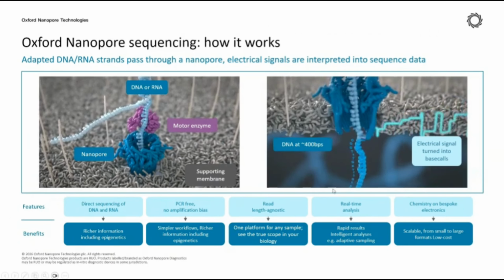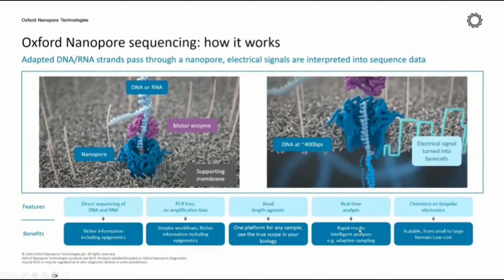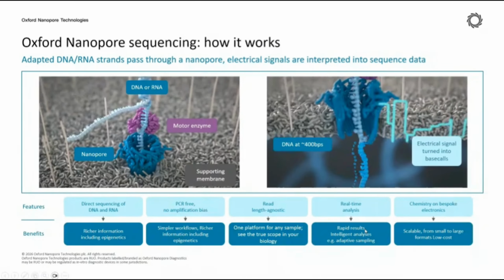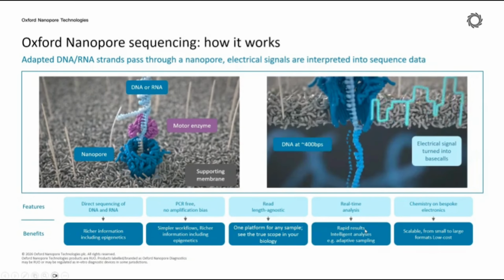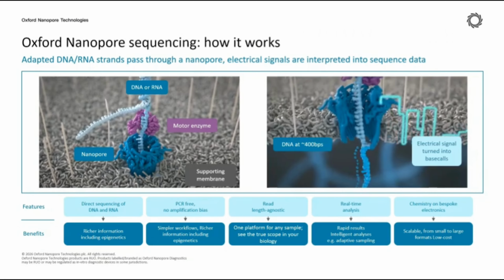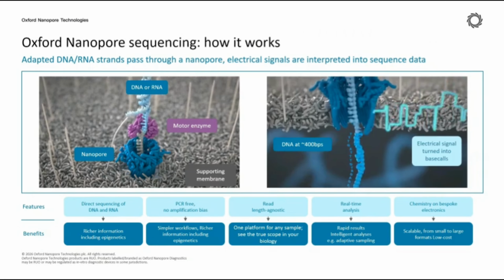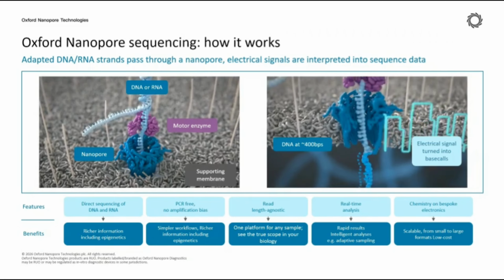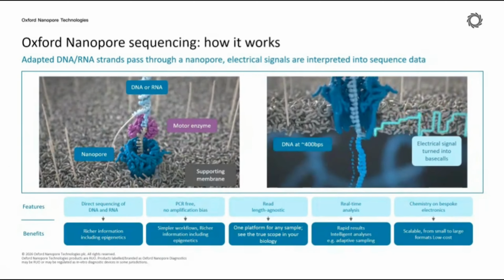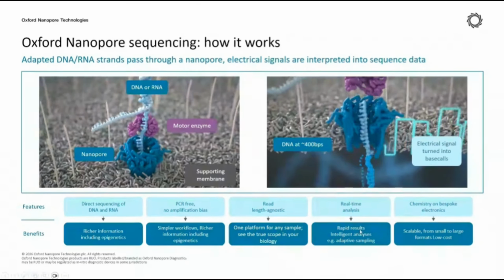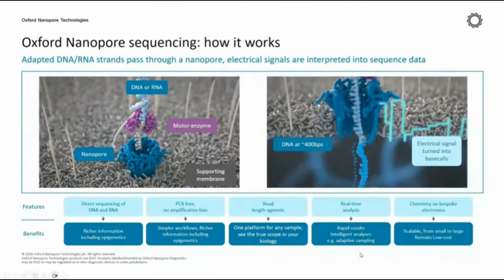And because the sequencing happens in real time, we get the results while the sequencing is still ongoing. That means we can also tell whether the DNA molecule we are sequencing is the right one that we want from our samples. That developed a targeted sequencing approach called adaptive sampling.